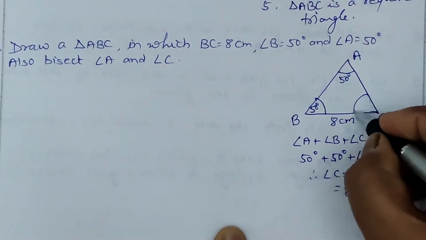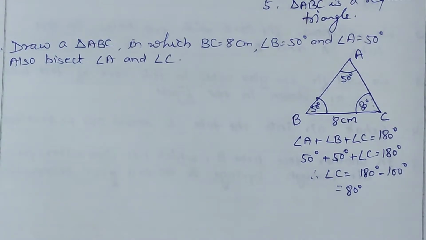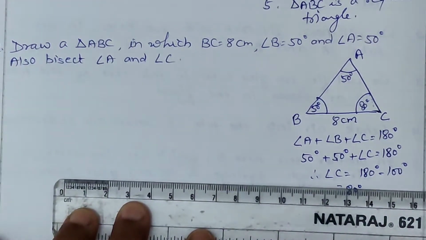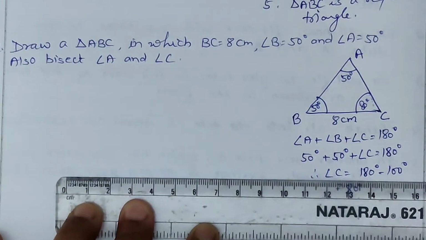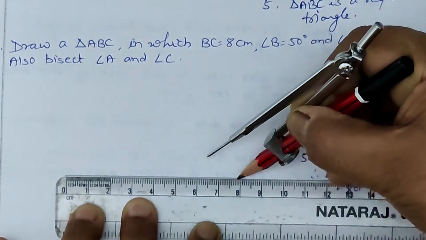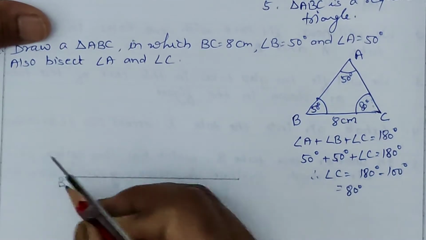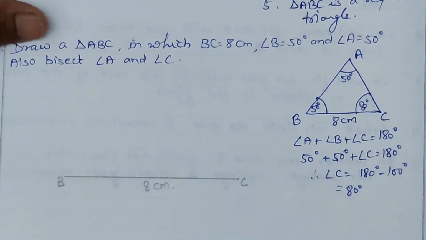It means angle C is 80 degree. The same procedure. First, draw a line segment BC equal to 8 centimeter. The first step you can write, draw BC of 8 centimeter.